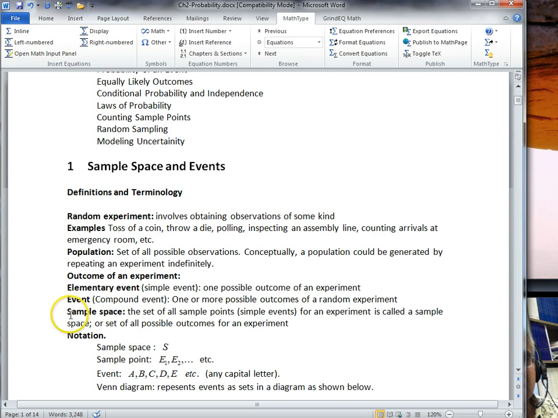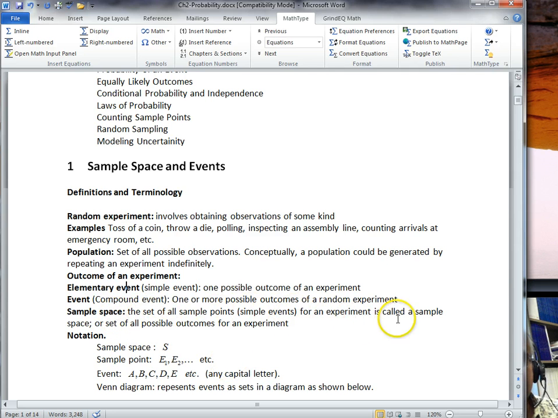Then there is the sample space, and in probability people like to use sample space versus population. It's the set of all sample points or simple events. So you can see those repeated terms: sample points, simple events, elementary events. They all mean the same thing.